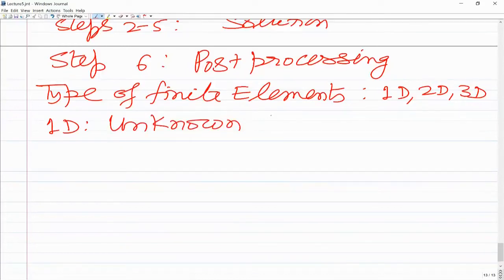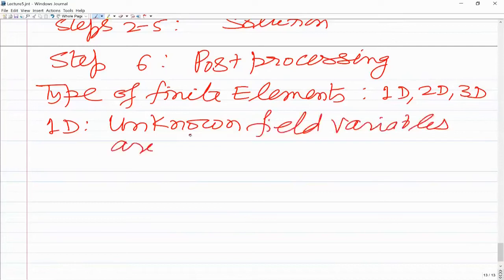And the unknown field variables, like displacements and rotations, are functions of one coordinate.